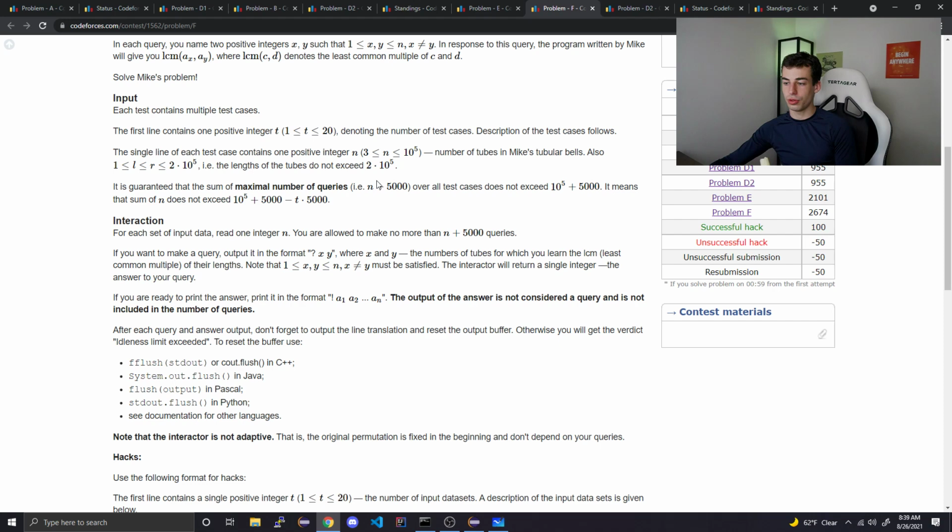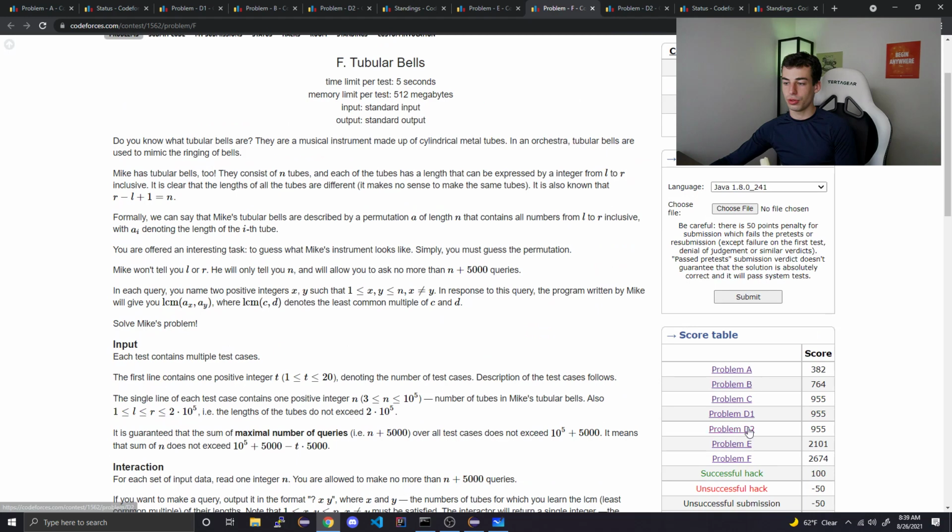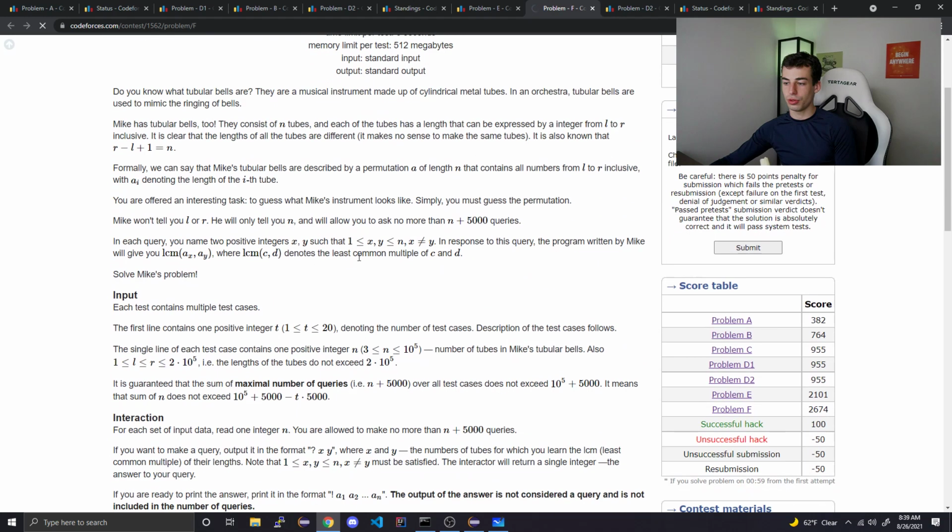Probably a small percent. Like all even pairs are not coprime. Yeah, I don't know. Okay, that's non-trivial. So let's go read D2 here and then solve it, I guess.